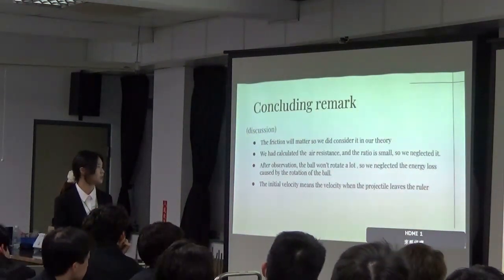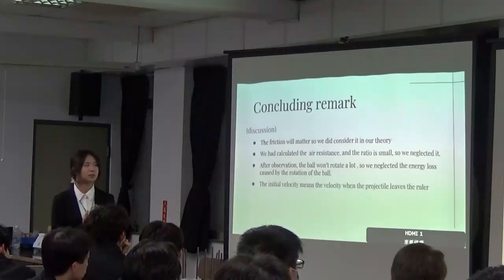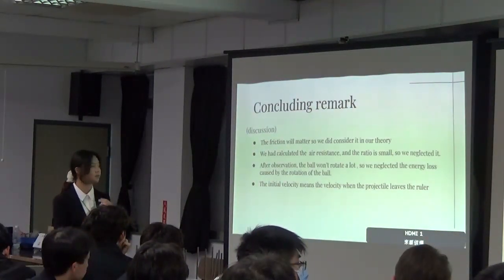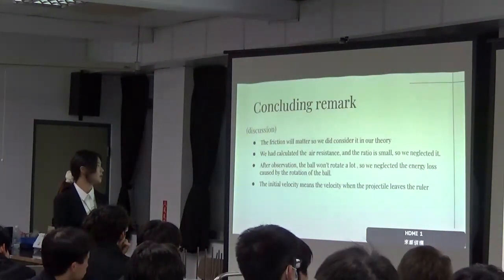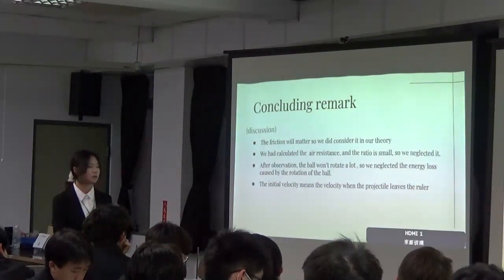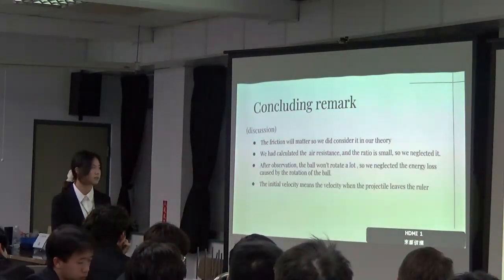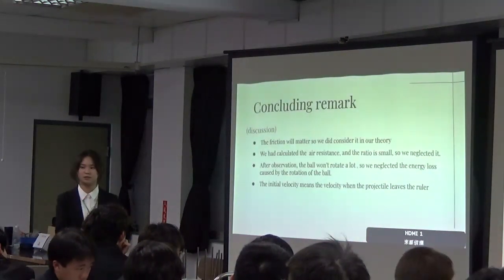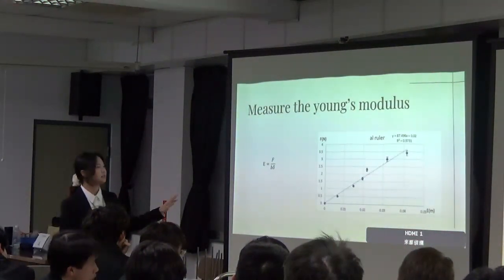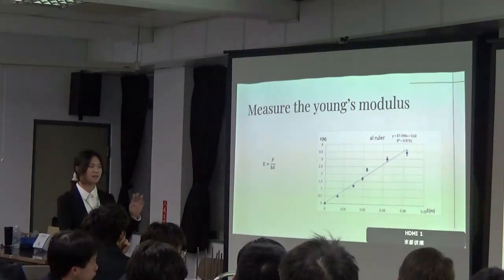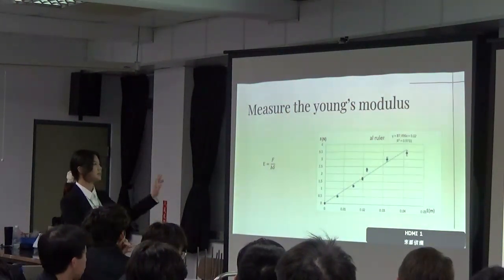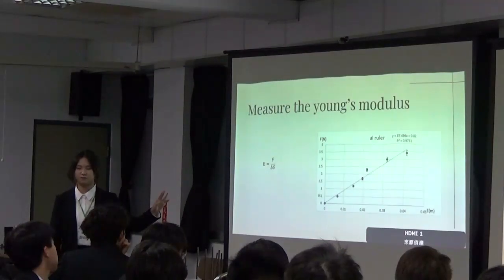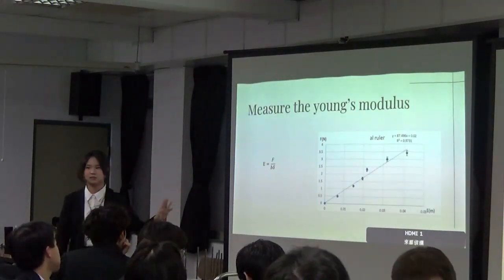After our observation, the ball won't rotate a lot, so we neglect the energy loss caused by the rotation of the ball. The definition of initial velocity is the velocity when a projectile leaves the ruler at that moment. And we did calculate our Young's modulus, but we hid it at the back. And this is the calculation for our Young's modulus. Thank you.